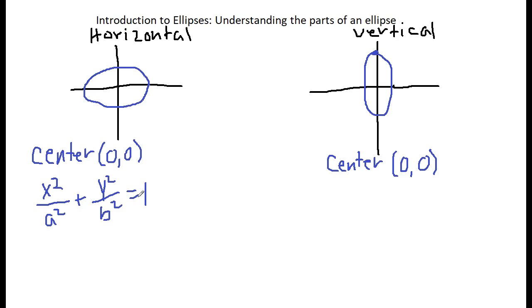Okay? And the equation we're going to look at for vertical is going to be x squared over b squared plus y squared over a squared equals 1.